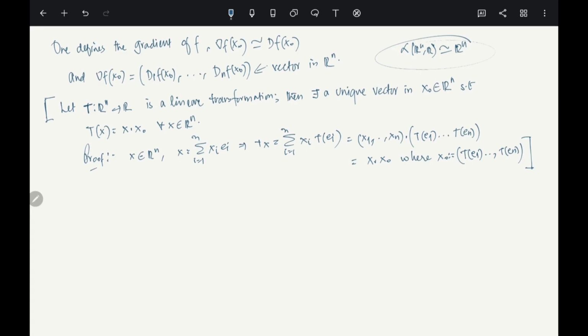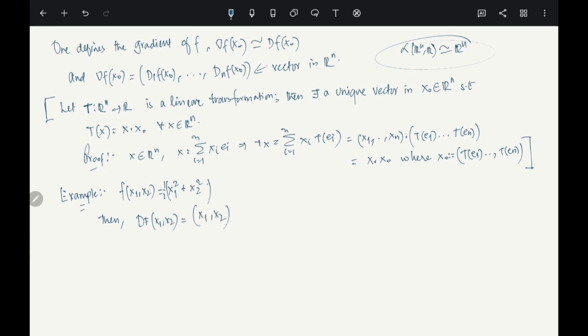So basically, let's put down an example here. If you have a function, let me give you an example, f of x1, x2 equals half times x1 square plus x2 square. Then of course we know df at any point x1, x2 is nothing but, we write it as the derivative: the first derivative is x1 here and the second is x2.